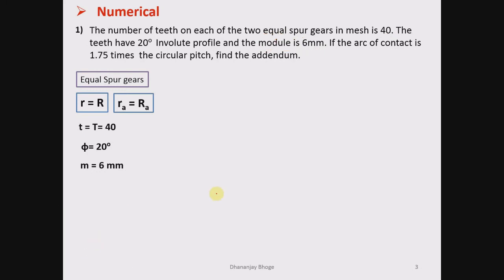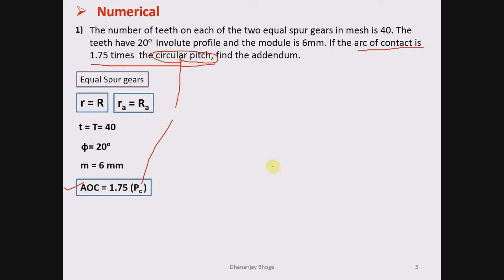Now one more condition is specified in the numerical. What is that? Arc of contact is 1.75 times the circular pitch. So write this: AOC, arc of contact, is equal to 1.75 times the PC. PC stands for circular pitch.